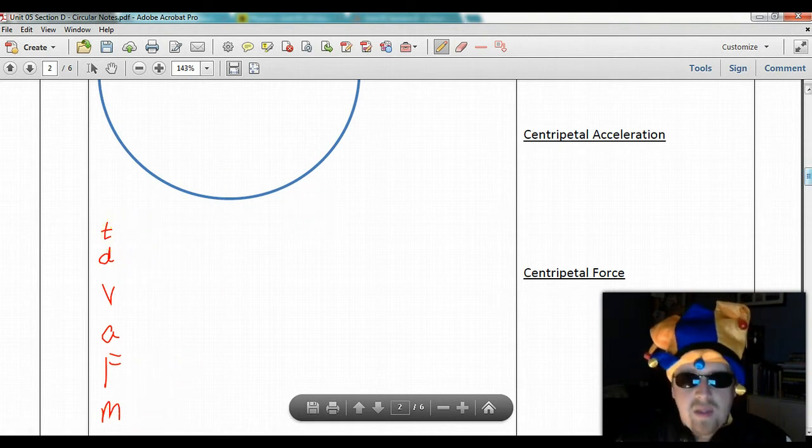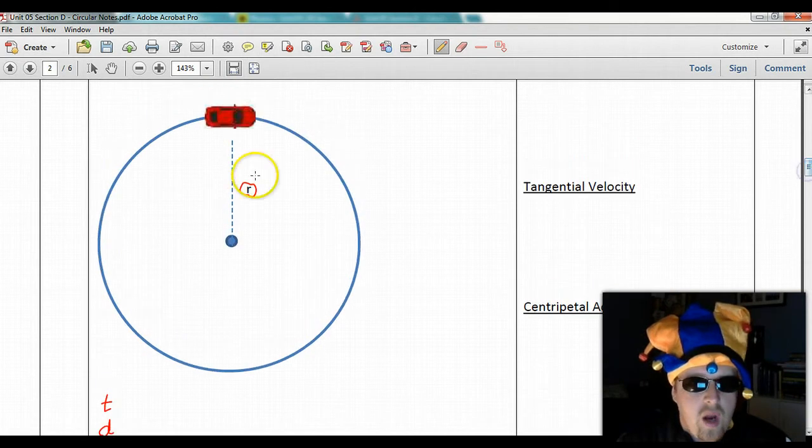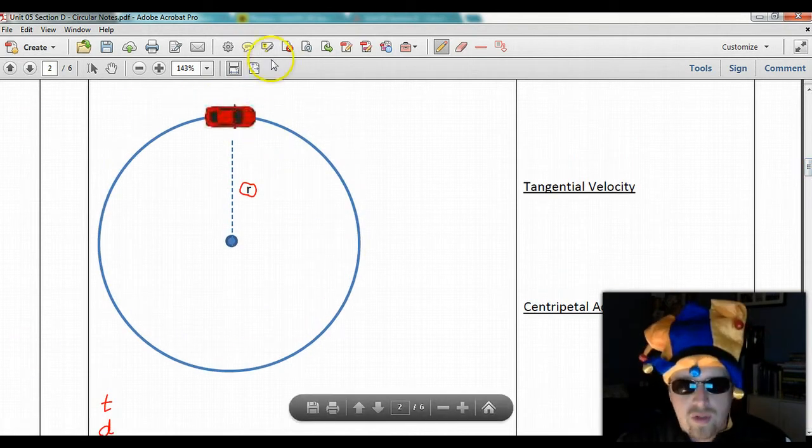We introduced these variables. And we talked about the time that it takes for this car to go around one complete revolution.